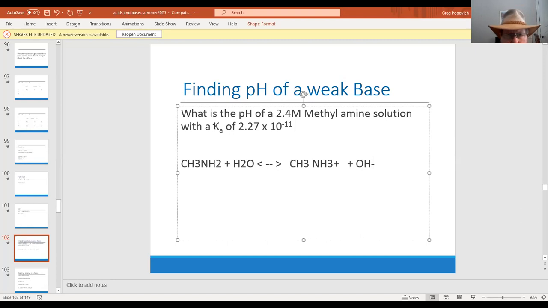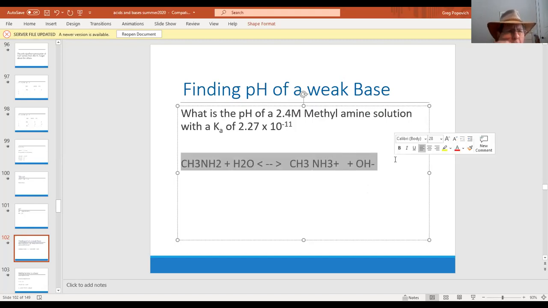Kas make acid. I have to have an H3O term. Do I have any acid in this equation?